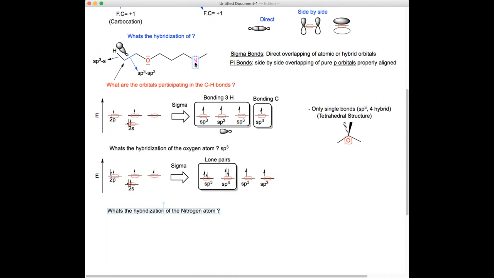Now my question is, in which orbital is the lone pair of nitrogen located? This lone pair, where is it located? Which orbital is the nitrogen using to hold these two electrons? So Ruth, it doesn't matter.